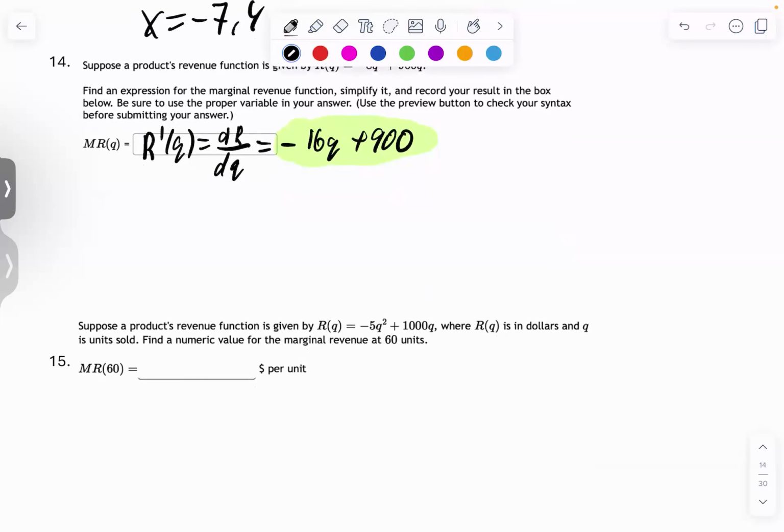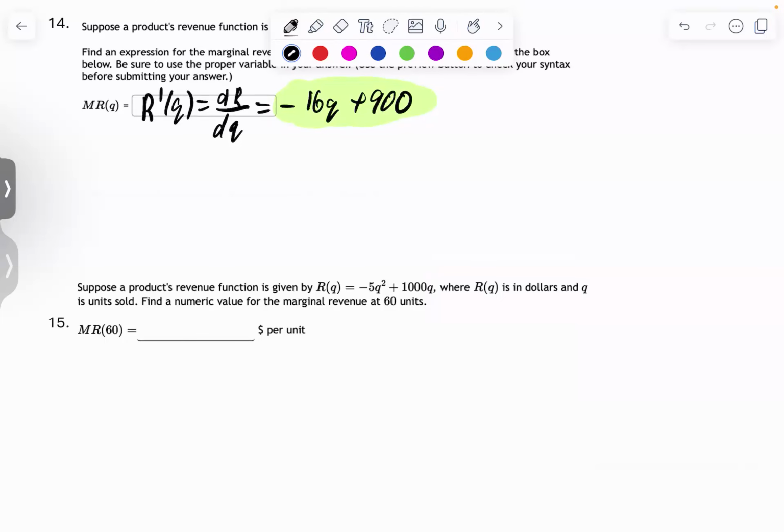Oh, so there is a second part here. Suppose the product revenue function is given. Find the numeric value of the marginal revenue at 60. Oh, that's for number 15. I see, this is a separate problem. I was confused.